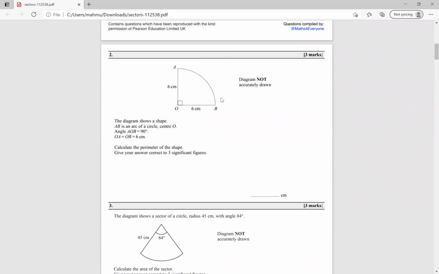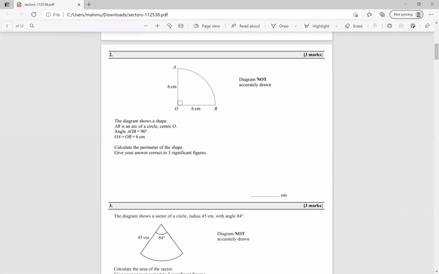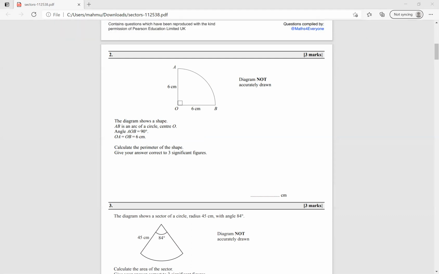So the angle is already 90 there, they made it easy. So I have to do the angle, which is 90 divided by 360. So that's 4 times 2 times pi times radius. 2 times pi times radius, yes.